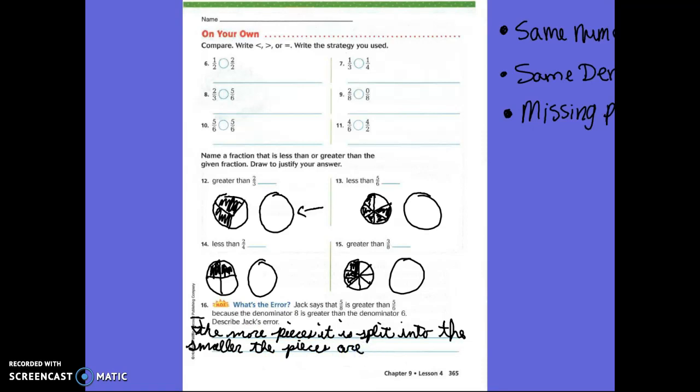So 5/6 has to be greater because it has bigger pieces than 5/8.